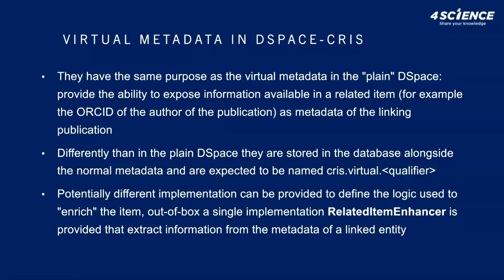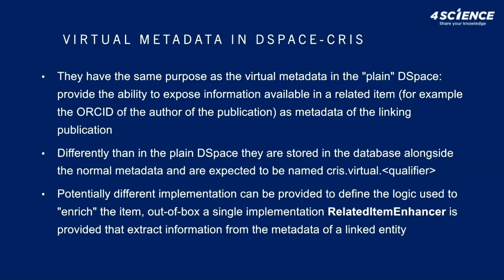How is this managed in DSpace-CRIS? The virtual metadata in DSpace-CRIS is not really virtual. They are physical metadata. They are stored alongside the other normal metadata in a specific schema, all under a specific element of virtual to make them immediately identifiable, which is the main benefit.